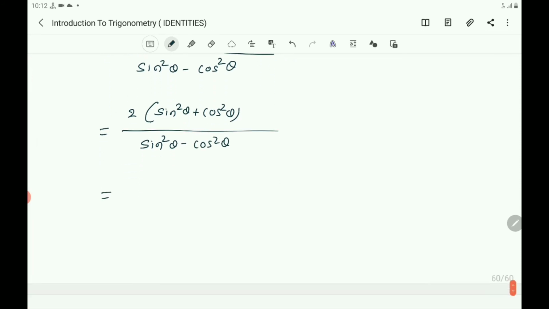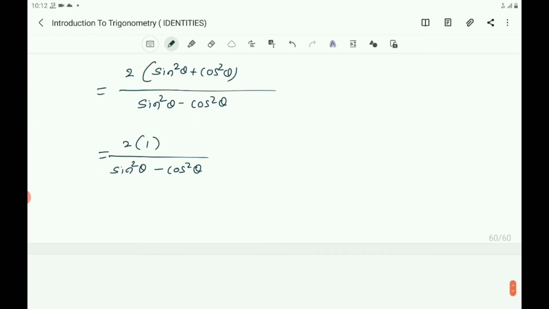Then you know that according to the identity sin square theta plus cos square theta is 1. So you write 2 into 1, that divided by sin square theta minus cos square theta.